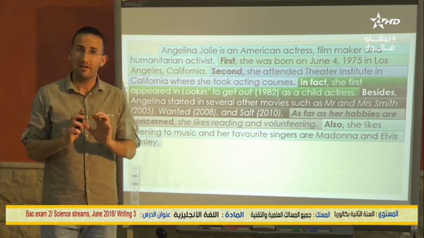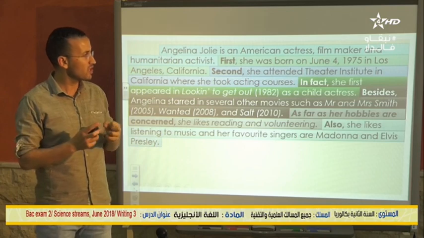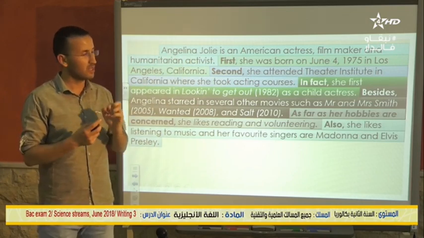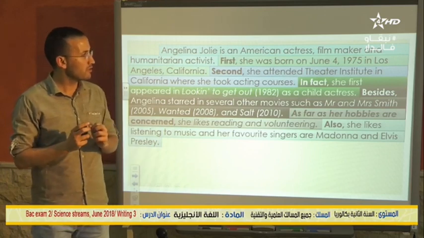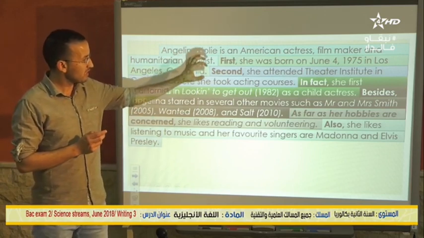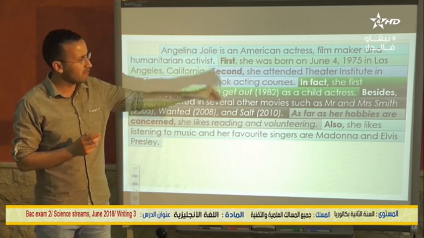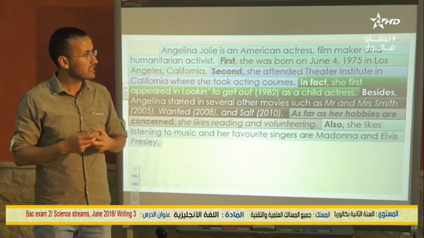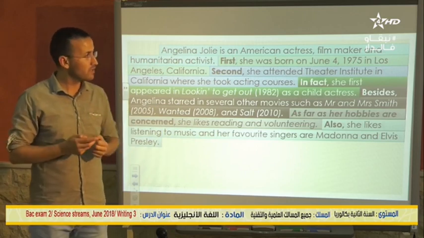As you can see, that's all. It's very simple. You just need to link the details and write complete sentences. And as you can see, we used linking words first, second, in fact, etc. And I'm going to talk about this again at the end of the video.